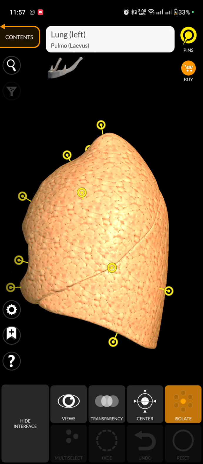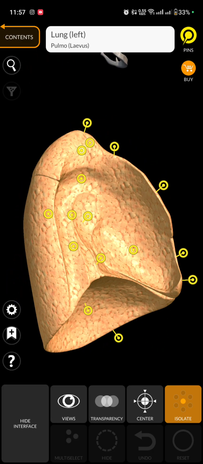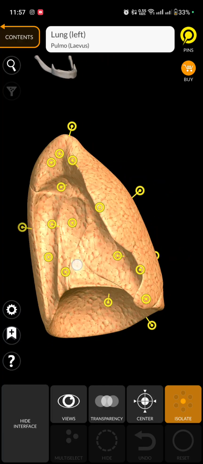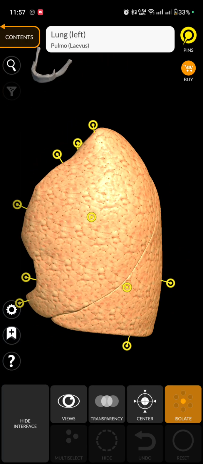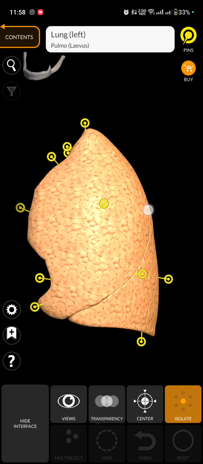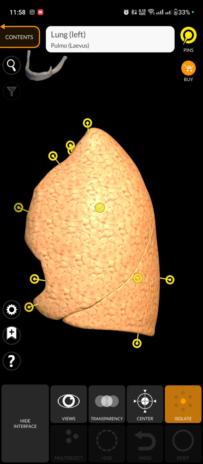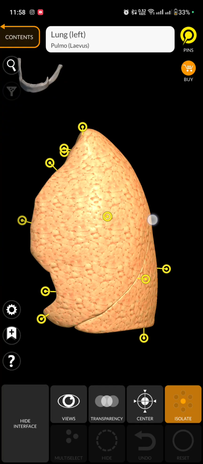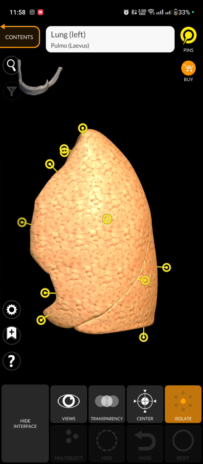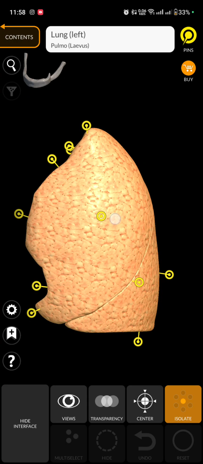One is the costal surface and the other is the medial surface. The costal surface has impressions caused by the ribs and intercostal spaces. These impressions couldn't be identified in this image, but on an actual lung, we can see that the impressions are present. These impressions include elevations caused by the intercostal spaces and depressions caused by the first costal ribs.